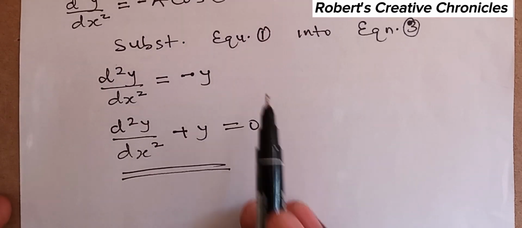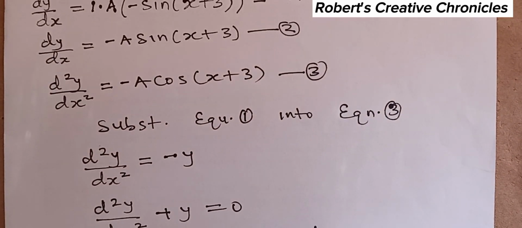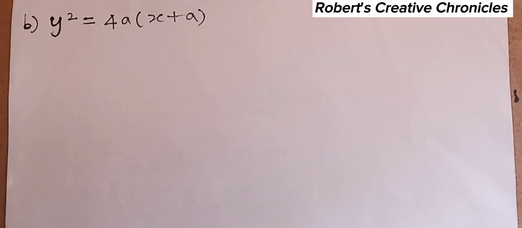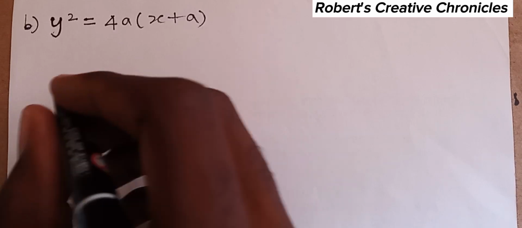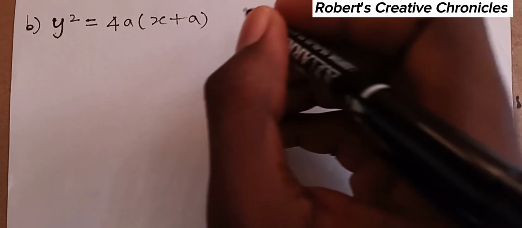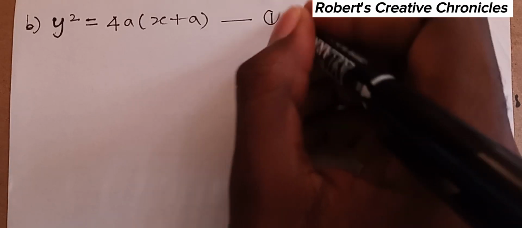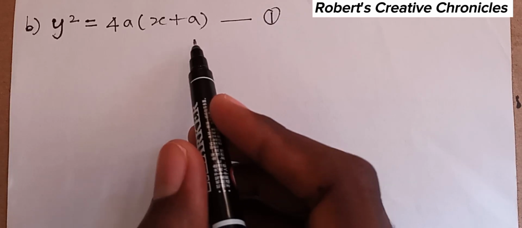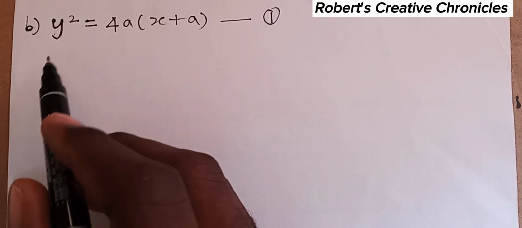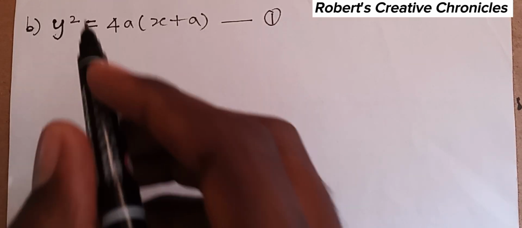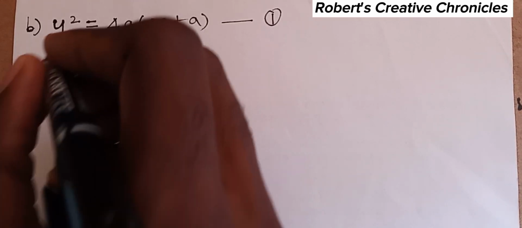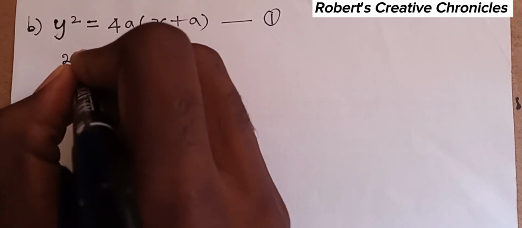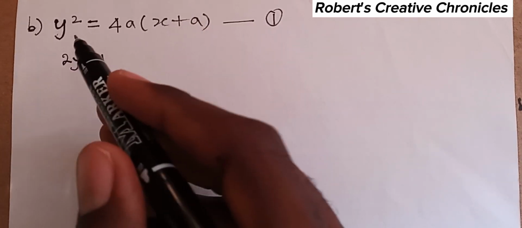So the next one we are going to do is the b part. So here's the b part. Now, this is our equation 1. Now, we'll differentiate this equation. You know that this y squared, the derivative of y squared is 2y, but we have to add dy over dx because we are differentiating y.